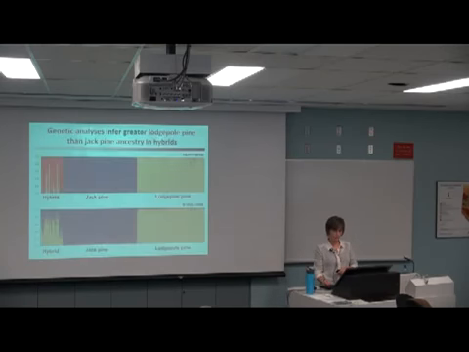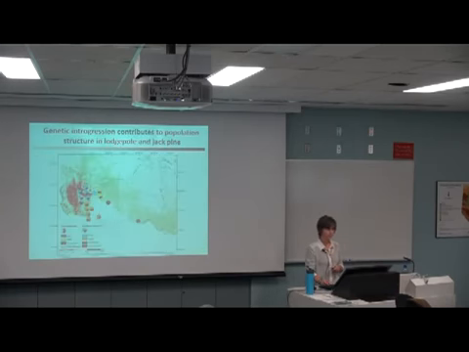So Kathy's done some other analyses on the hybrids, showing that they have greater lodgepole pine ancestry than jack pine. So within the hybrids, there's a greater contribution of lodgepole pine than jack pine genomes.